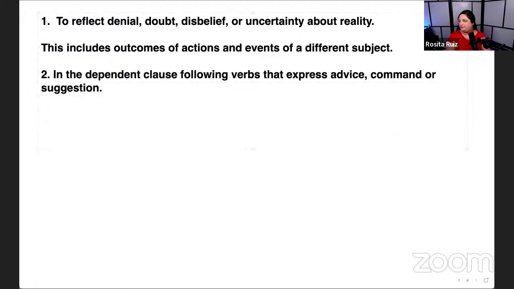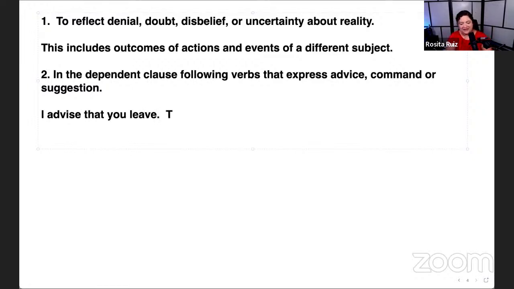So, por ejemplo, sorry, I really need to sneeze. Excuse me. Salud. Gracias. All right. So, if I wanted to say, and this is an example from the textbook that we are using in this class, I advise that you leave, which is just mean.